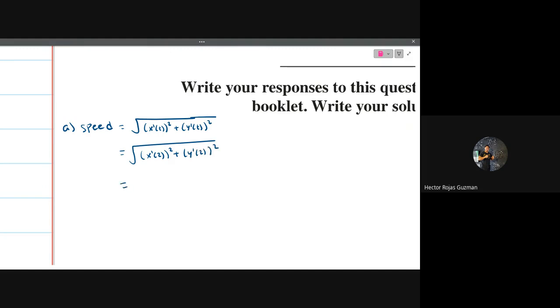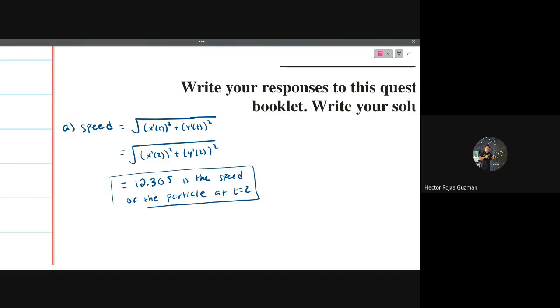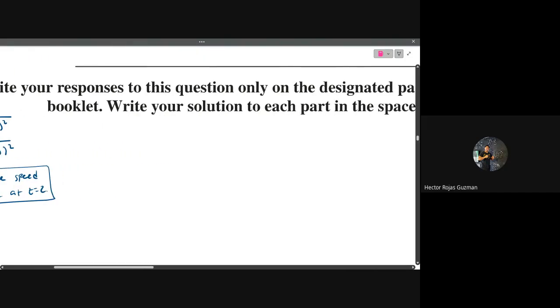And just carefully plug it into your calculator. This is going to give us 12.305 is the speed of the particle at t equals 2. Okay. Nice and easy, right? Pretty easy start. Very accessible.